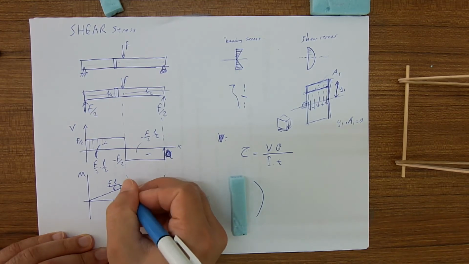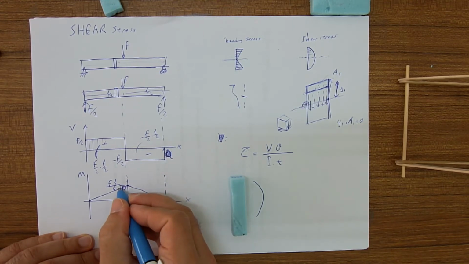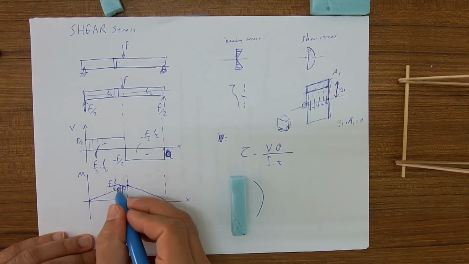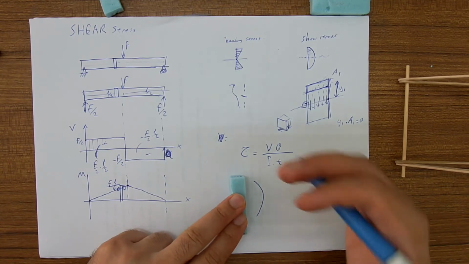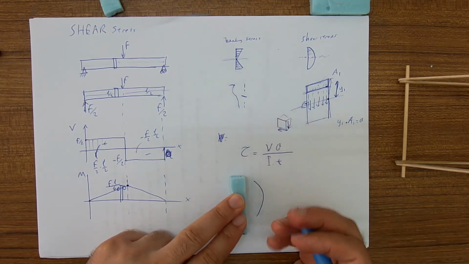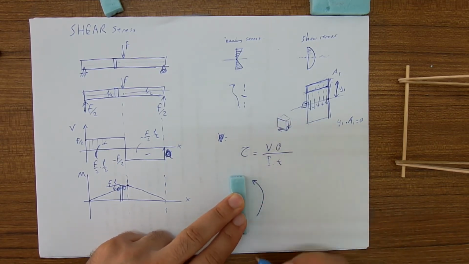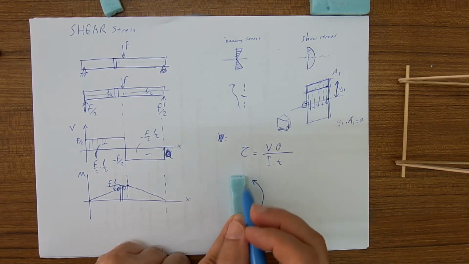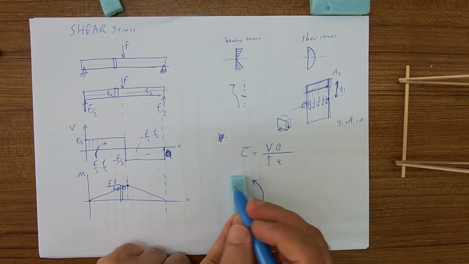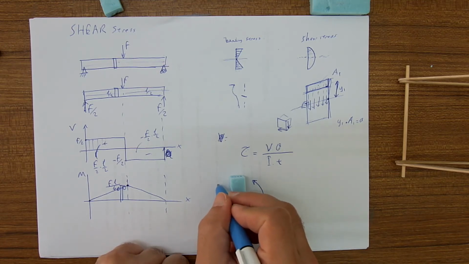here is larger than the moment here to the left of the segment, and they are positive. That means they are in this direction. So on the left face of this segment, the positive sign convention is this.